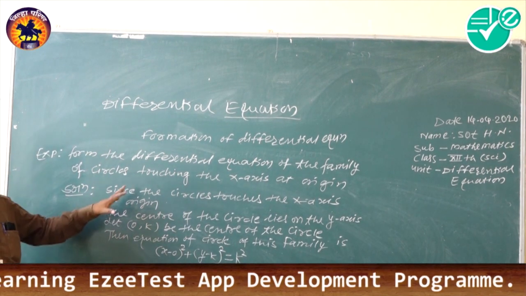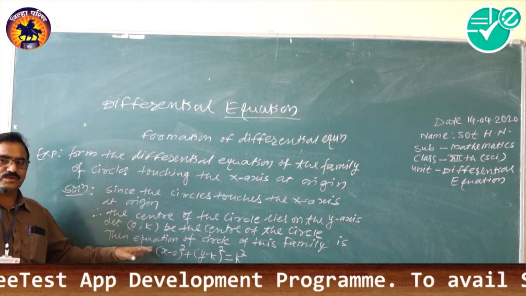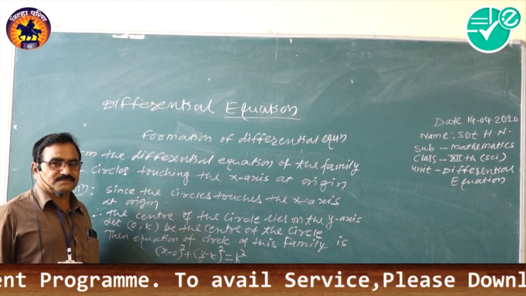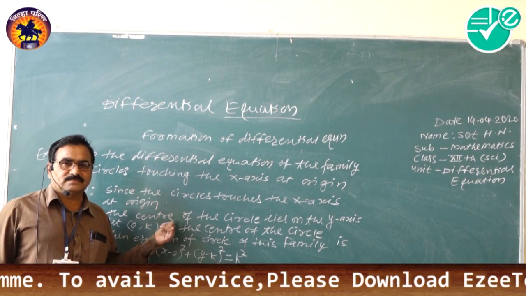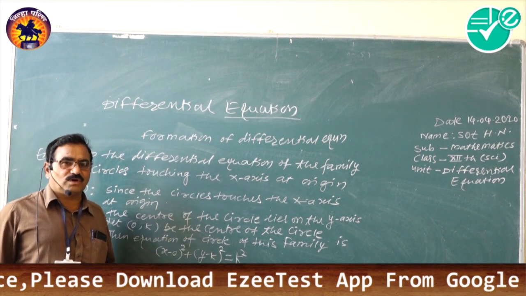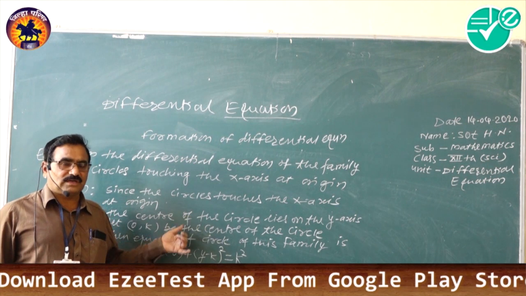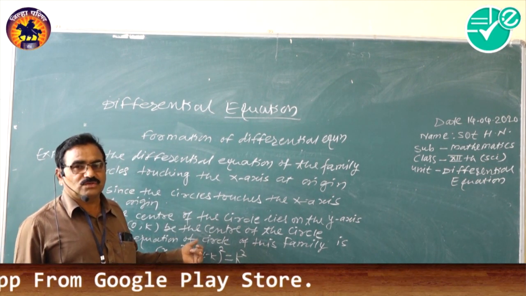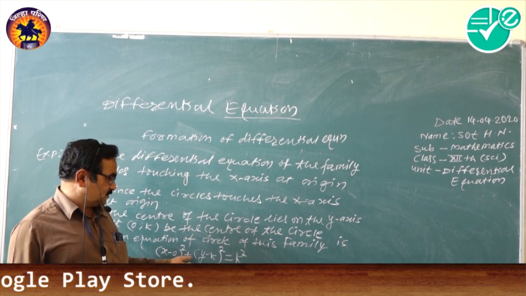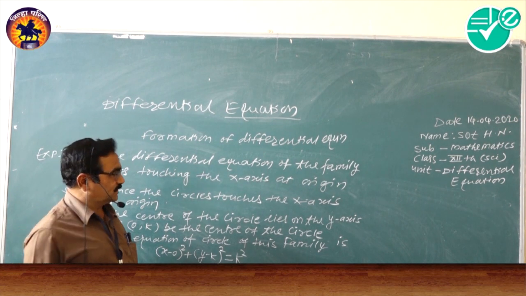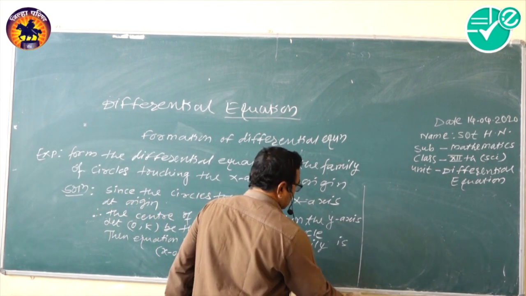This is the equation of the family of circles which touches the x-axis at origin. The center of the circle lies on the y-axis and the y coordinate is equal to the radius, and we can write this equation as (x minus 0) square plus (y minus k) square equal to k square.